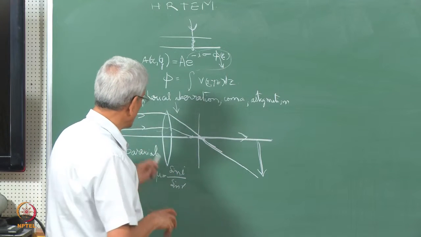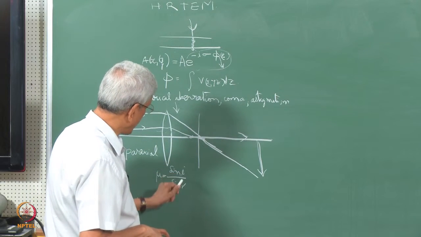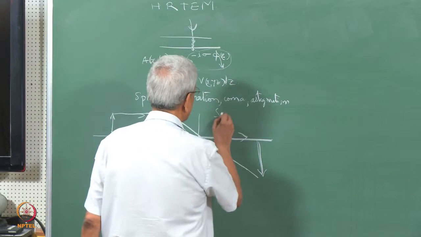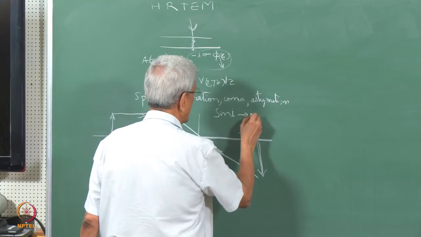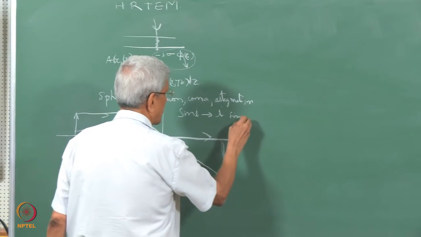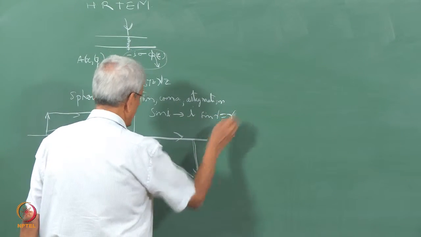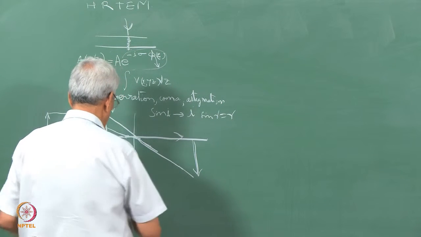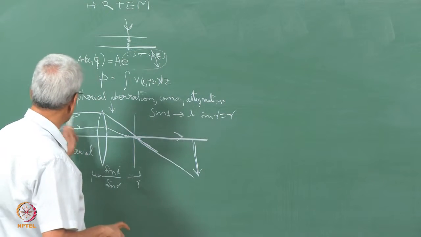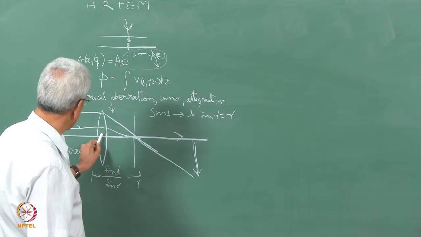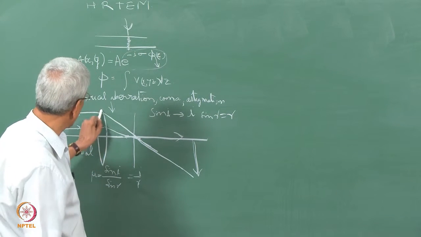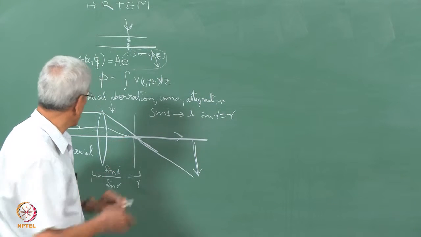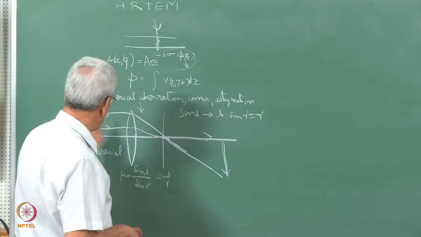Paraxial approximation means that if the values of i and r are small, we know from mathematics that sin i can be approximated to i, and sin r can be approximated to r, so we can write it as i by r. This is the approximation which makes all the rays, whether they are close to the optic axis or far away from the optic axis, be brought to a focus at the back focal plane at a particular point.